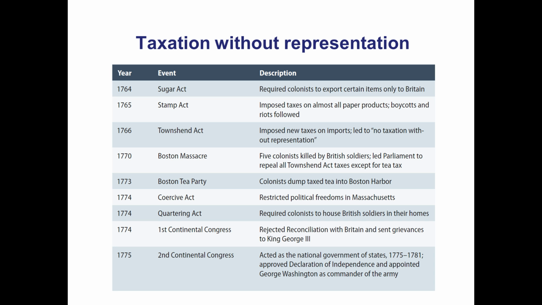To point out some specific actions by the British government that stoke the angry feelings and the dissatisfaction with the government of Britain.